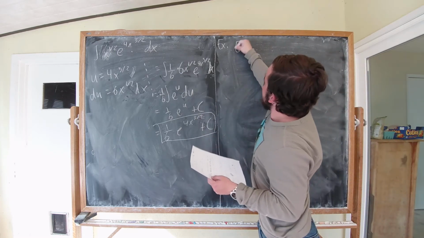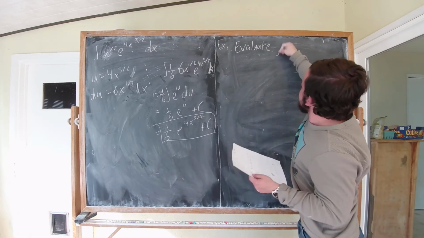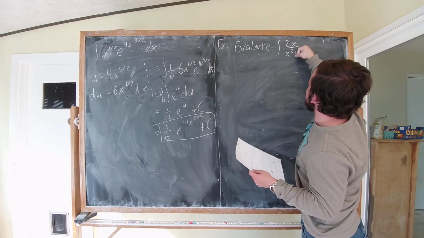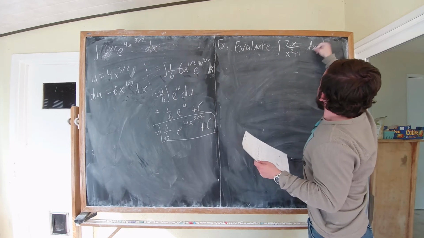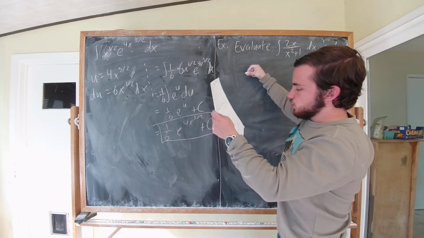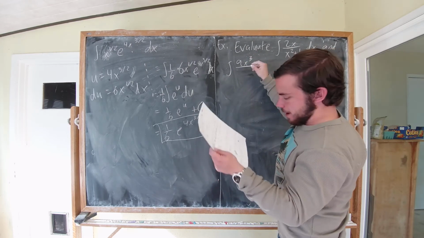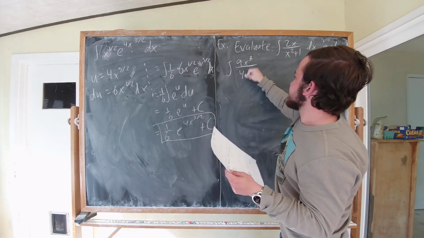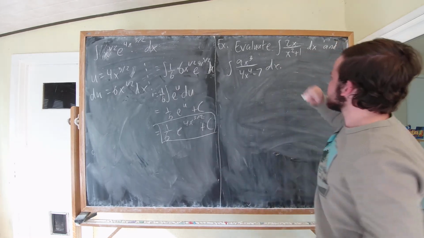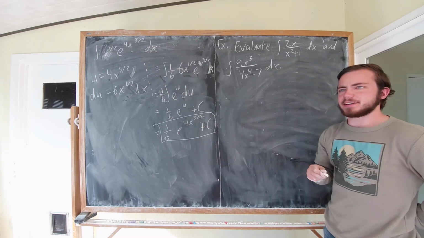Let's evaluate the integrals of 2x over x squared plus 1 dx and the integral of 9x cubed divided by 4x to the 4th minus 7 dx. Alright, so what do we do in this case?